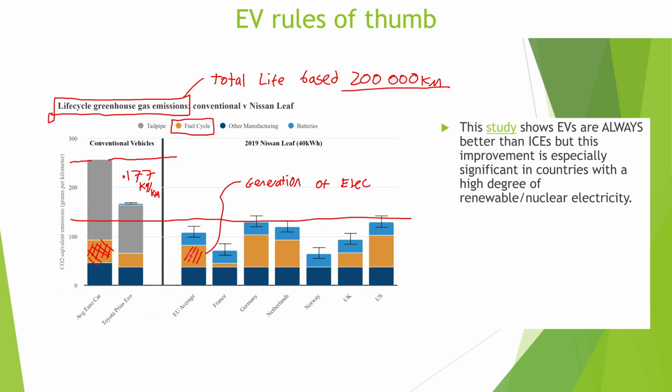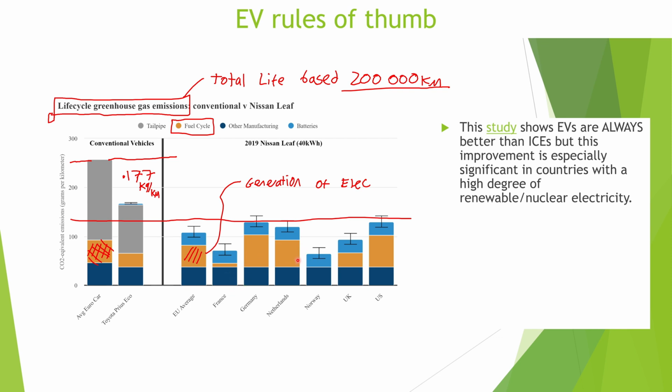So that is why you can see that the manufacturing costs of the non-battery section of the EV are about the same, maybe a little bit lower than a conventional car. But of course, the manufacturing costs of the battery are high, and that is the reason why the total cost of manufacturing an electric car is higher in terms of emissions.